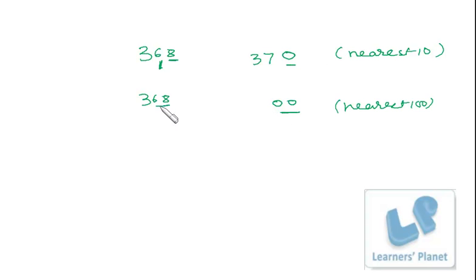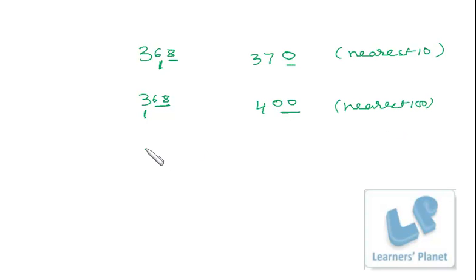Now see the last 2 digits. In this case we were seeing last 1 digit, here we'll be seeing last 2 digits. If these are more than 50, here we see more than 5, here we'll be seeing more than 50. If these are more than 50, then you have to add 1 over here. So 3 plus 1, 4. So 368 is rounding to 400 if we round to nearest 100.